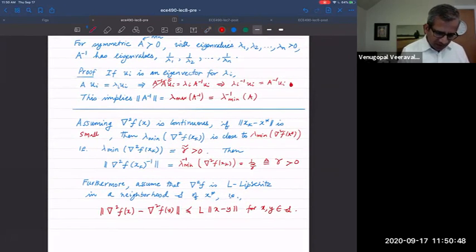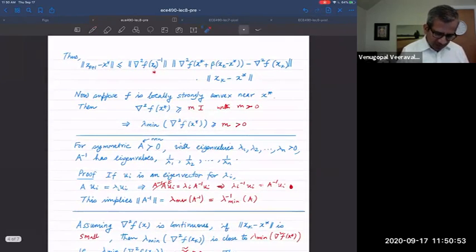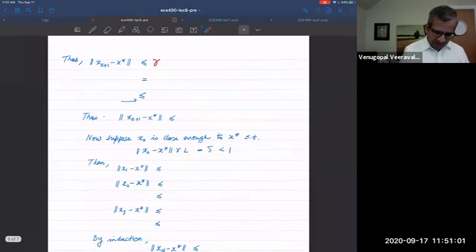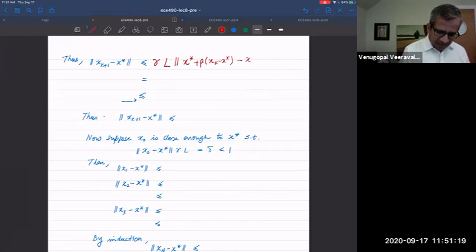Actually, it's not a bound; it's an equality, so this is just equal to gamma. And this quantity, I'm going to upper bound using L times the difference between these two arguments. So L times the difference between x star plus beta times (xk minus x star) and x star minus xk. Then the last term is just xk minus x star.